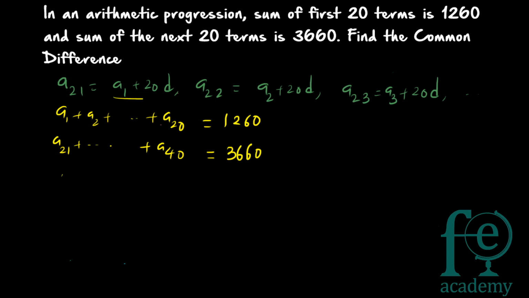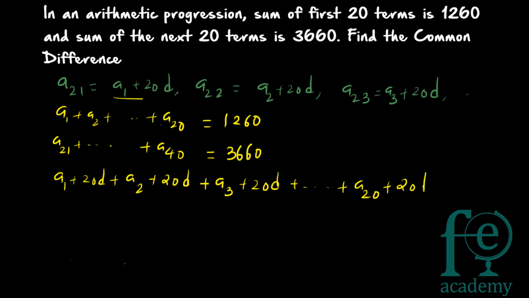So a21 is a1 plus 20d, plus a22 will be a2 plus 20d. Similarly, a23 will be a3 plus 20d, plus up to a40, which can be written as a20 plus 20d, is equal to 3660.